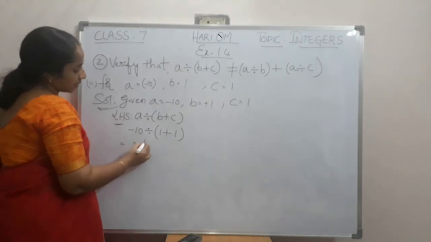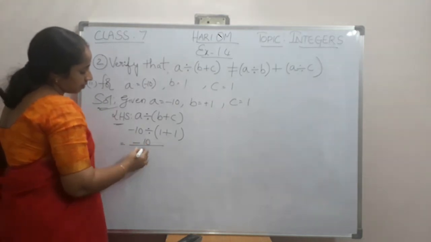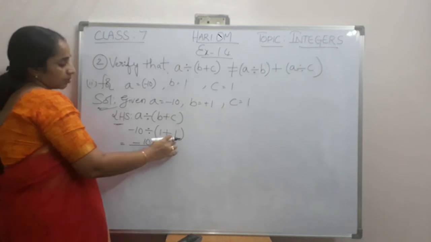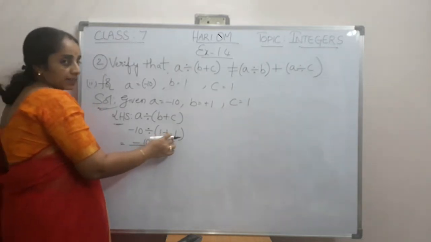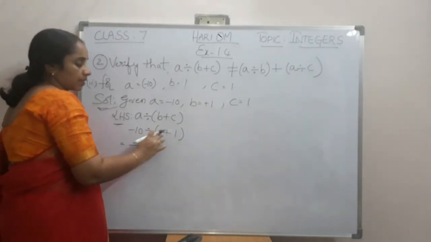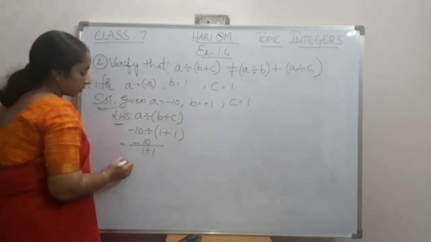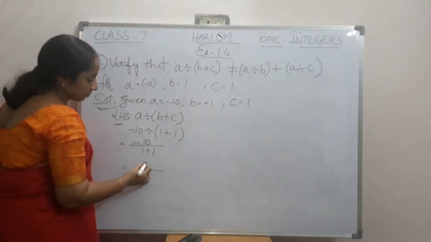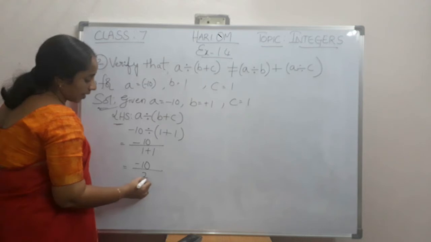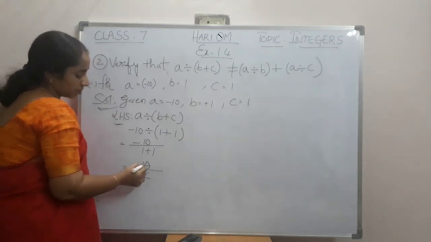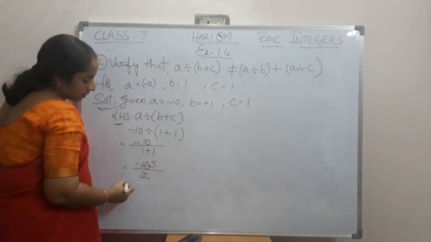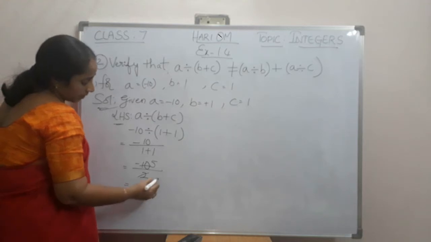Both are positive, so we can add: 1 plus 1 is 2. 2 fives are 10, so minus 5.